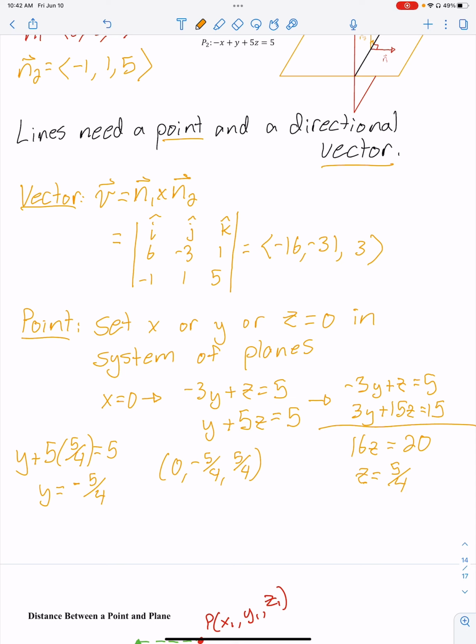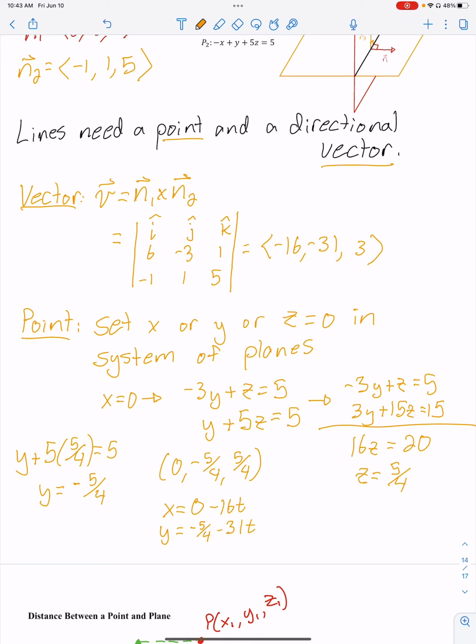So plugging these in, we're looking for a line, so it's the directional vector and then one equation. It's going to be either parametric or symmetric. I'm going to go with parametric. It's typically my go-to. It's always the point, and then the directional vector, like mx plus b. That's how I think of it. x equals negative 16t. y equals negative 5/4 minus 31t.